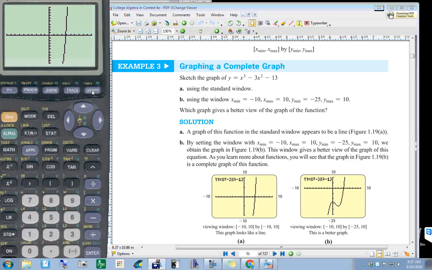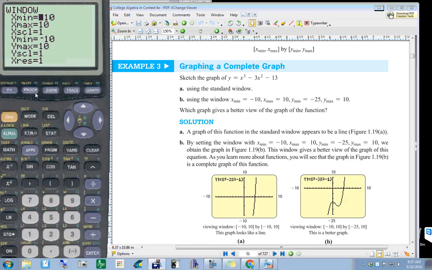And where's the y-intercept at? Isn't it going to be here at -13? So that means that whatever I do here on the window, I probably want to bring that down below -15, right? Or down below -13 so that I can see what's going on.